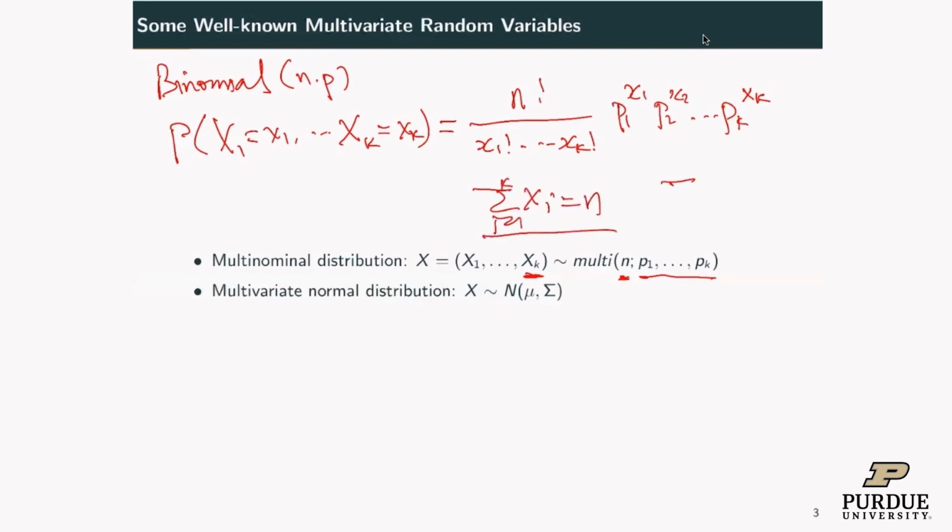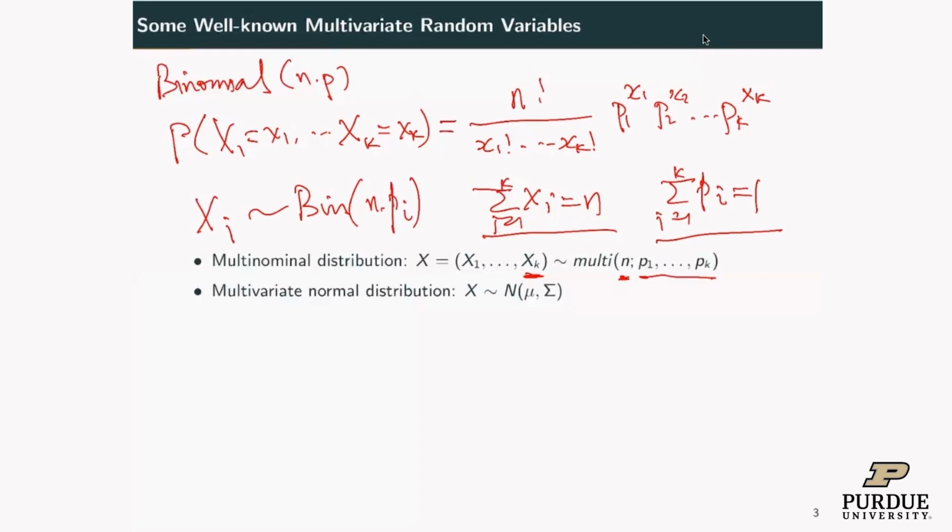The sum of the success probabilities pi from 1 to k should equal 1. So this is the PMF for the multinomial distribution. You can integrate out the other variables. For the marginal distribution, each xi is a binomial distribution with n and pi. These are the properties of the multinomial distribution.